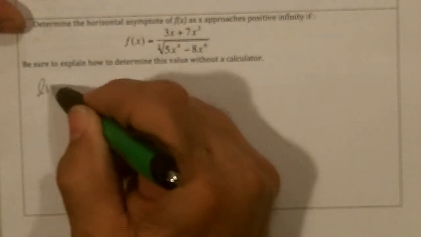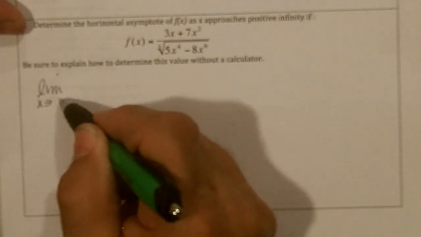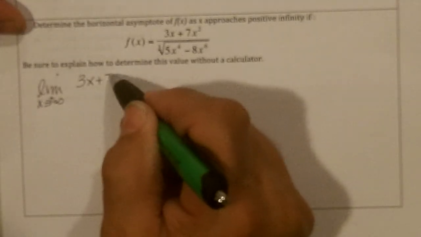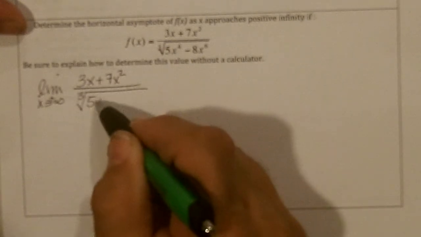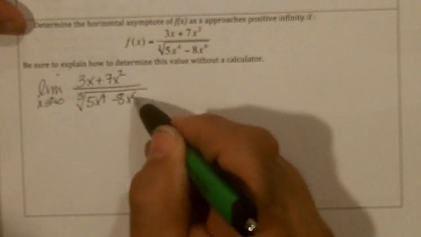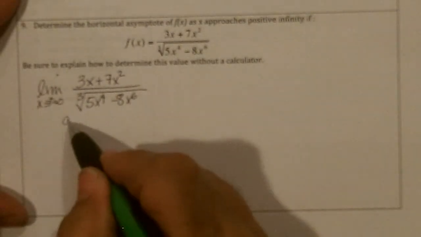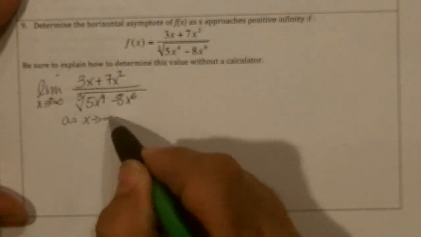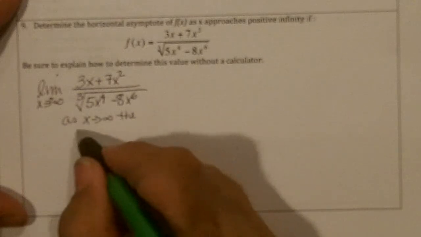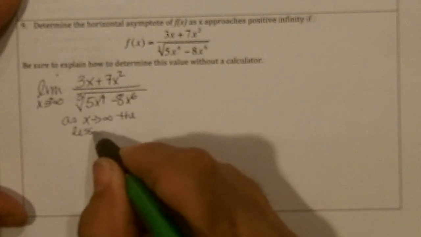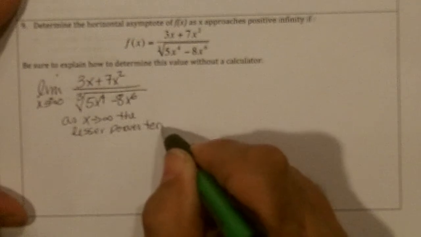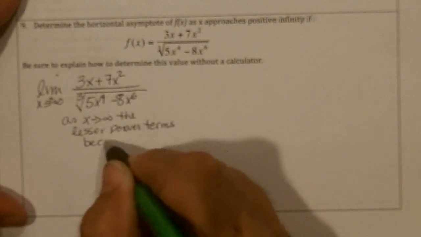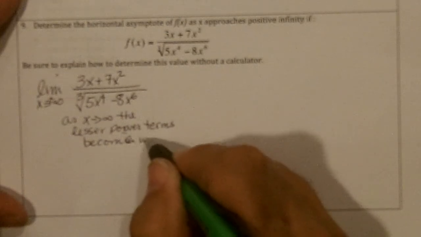So you need to say that the limit as x approaches positive infinity of the 3x plus 7x squared over the cube root of 5x to the 4th minus 8x to the 6th, as x approaches infinity, the lesser powered terms become insignificant.